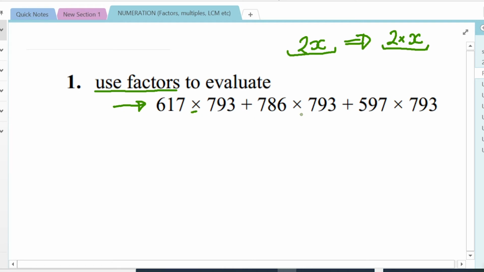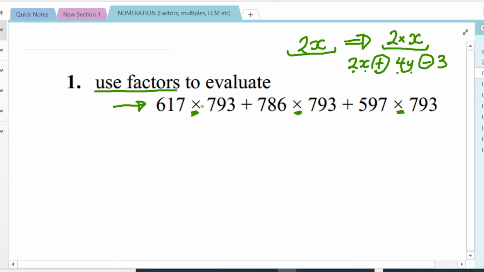When you see that multiplication there, just know those two numbers that are being multiplied are bound together, like the way you'd see 2x. Like when you say 2x plus 4y minus 3, that kind of thing. This 2x is 2 times x, this 4y is 4 times y, but they are bound together, they move together. Then this plus and minus separates them. So when you say 617 times 793, this multiplication binds them together.